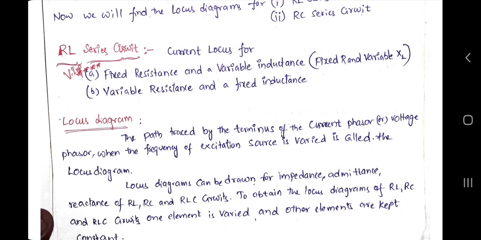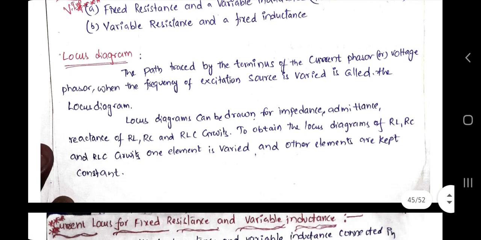The locus diagram can be drawn by calculating the impedance, admittance, and reactances of RC, RL, and RLC circuits, in which one element is varied and the other elements are kept constant. So this is the basic concept of the locus diagram.